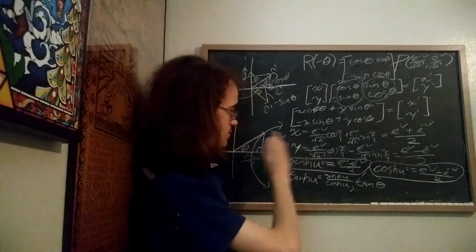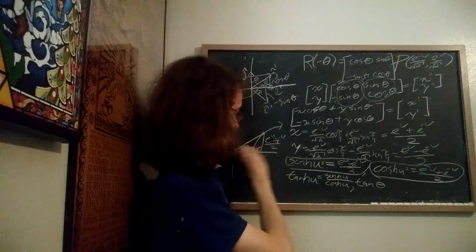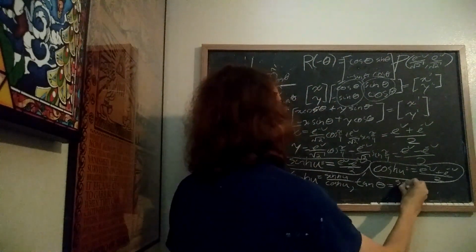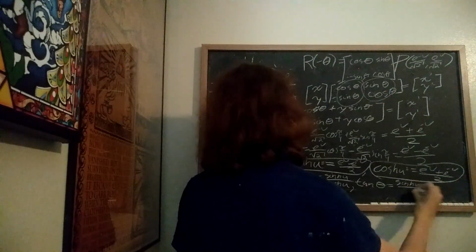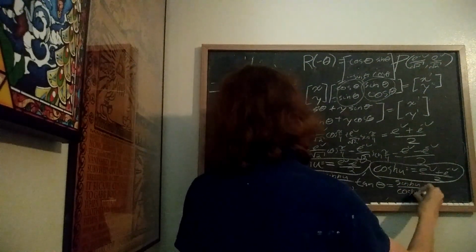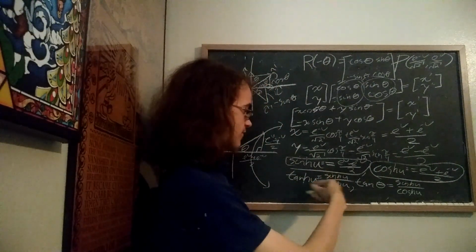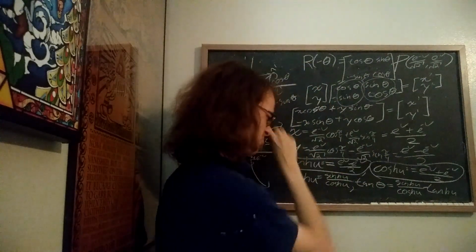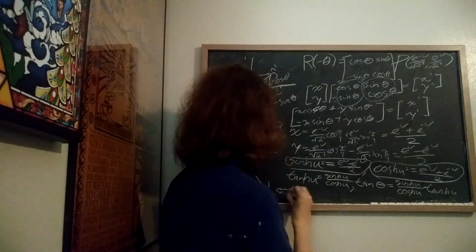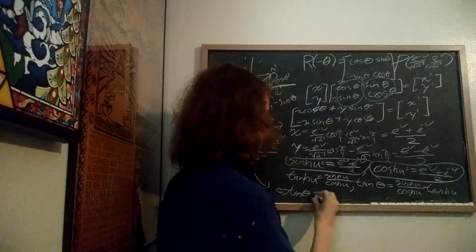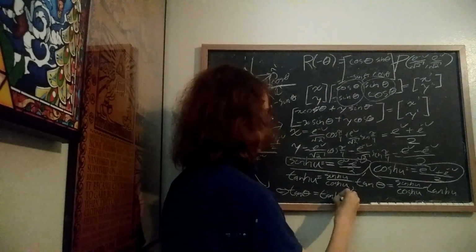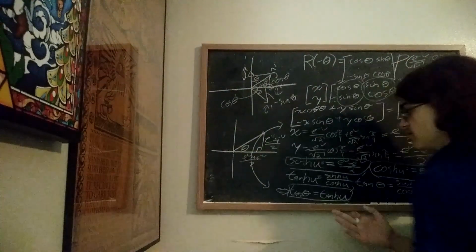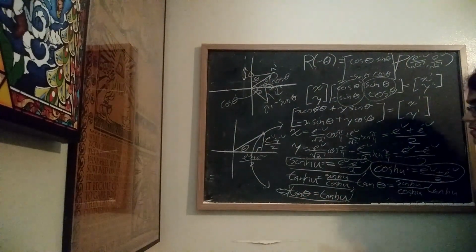Well, we define this side to be hyperbolic sine, and this side to be hyperbolic cosine. And so that's going to be hyperbolic sine at u over hyperbolic cosine at u, which we've already defined as hyperbolic tangent at u. And so we can say the tangent of theta is equal to hyperbolic tangent at u. And so this is actually a way we can tie the hyperbolic world with the normal trig world.